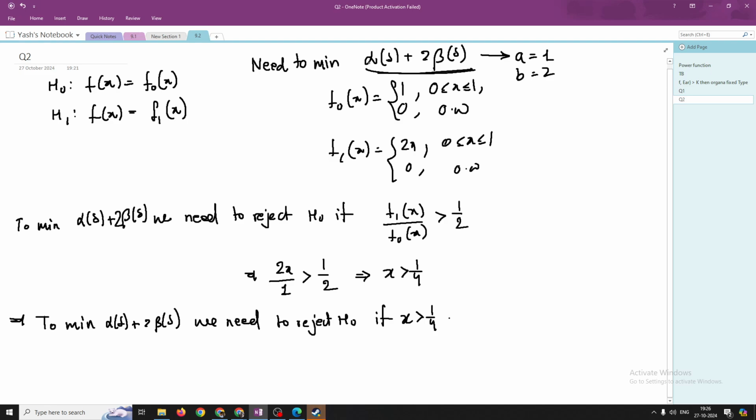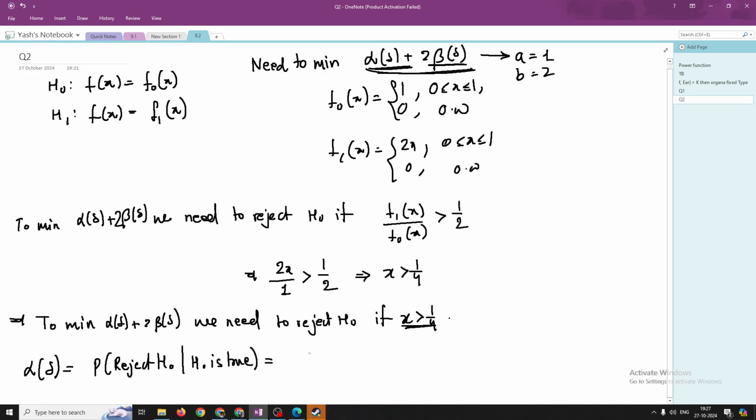Then we had to calculate the minimum value of this. So the minimum value would be the value of type 1 error and type 2 error if we followed this test rule. So what is my alpha delta? Alpha delta is basically the probability of rejecting H naught when H naught is true.